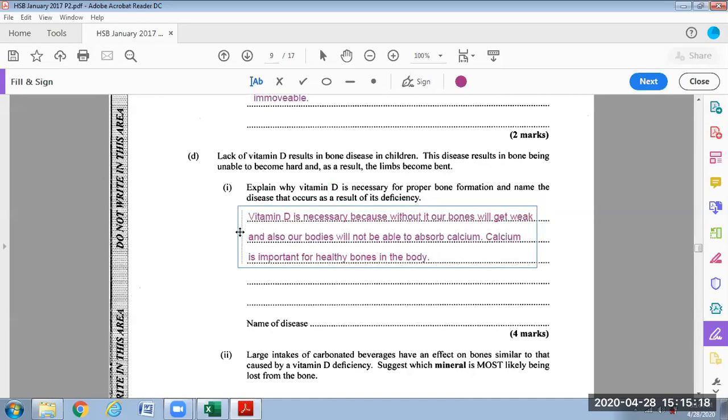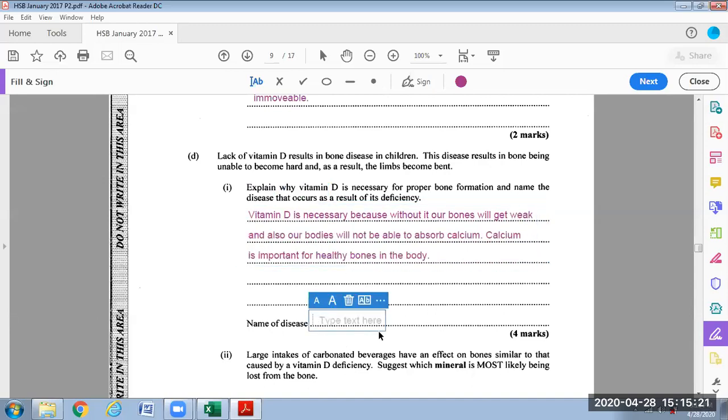All right, so lack of vitamin D could lead to rickets.